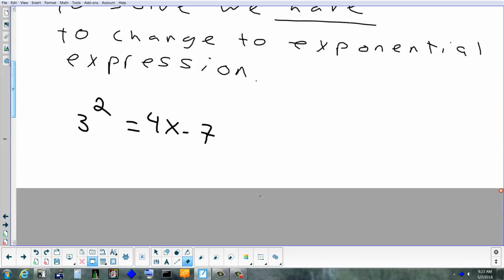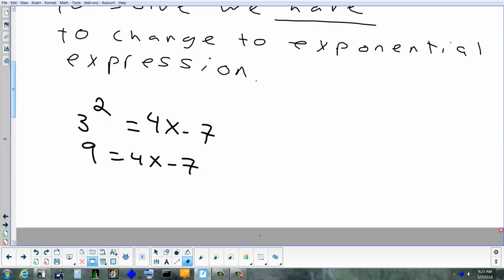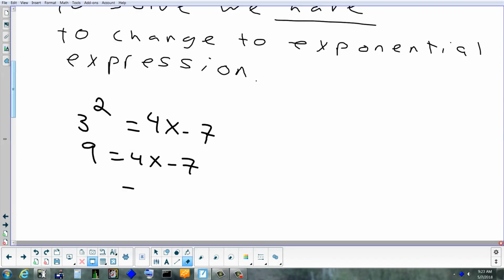Okay, so square the 3. Lexi, my next step to get x by itself. Add the 7. So we get 16 equals 4x. And Ethan, my last step. Divide by 4. So I get x equals 4.